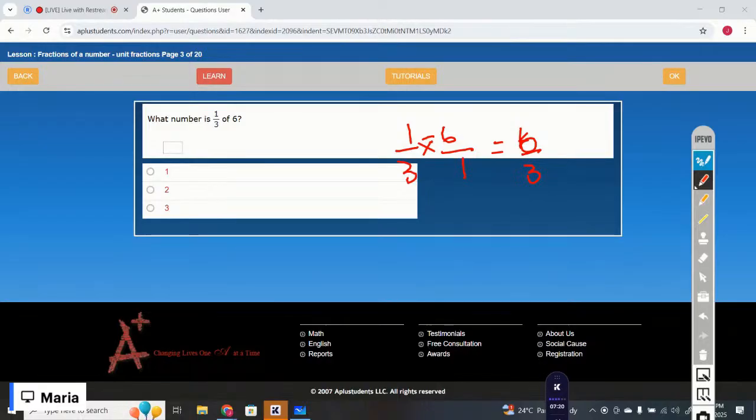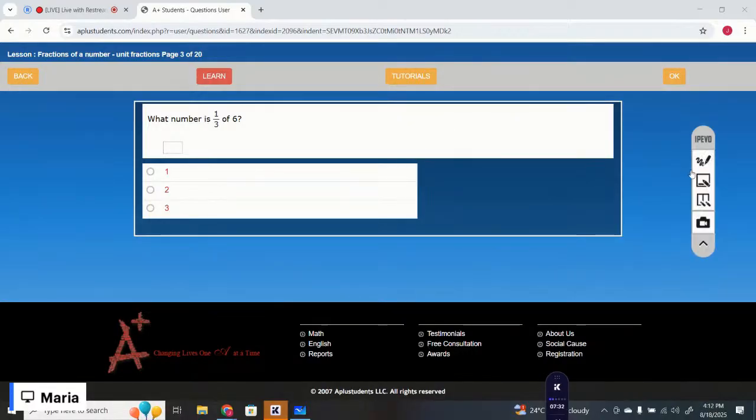So 6 divided by 3 is 2. That is, 3 times 2 is 6. Option number 2 is the correct option. The correct option is 2.